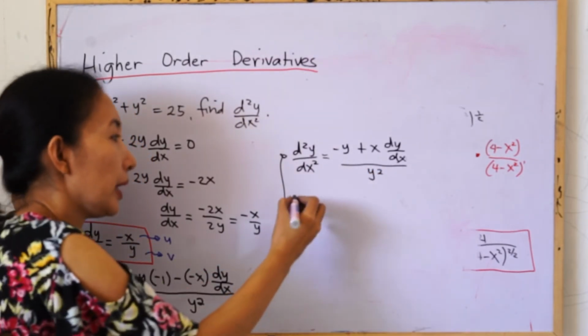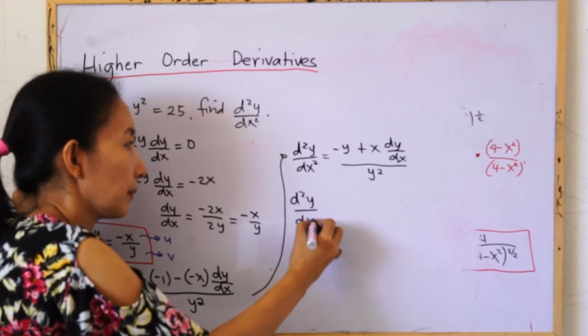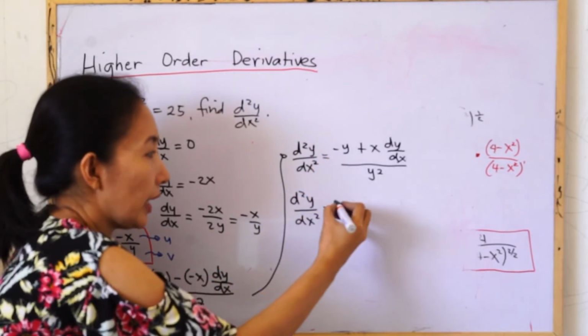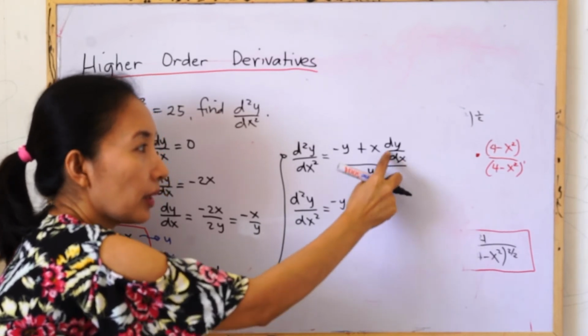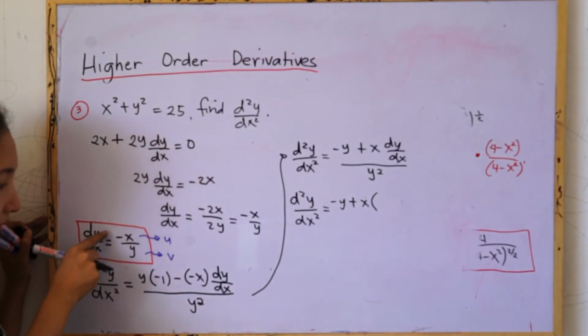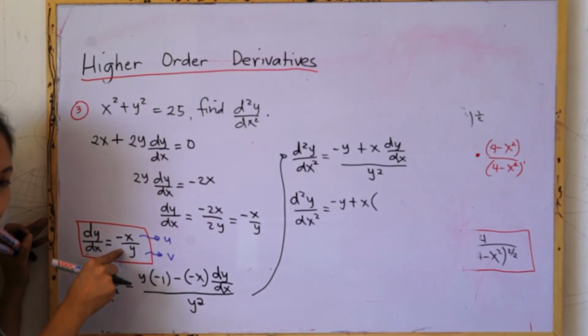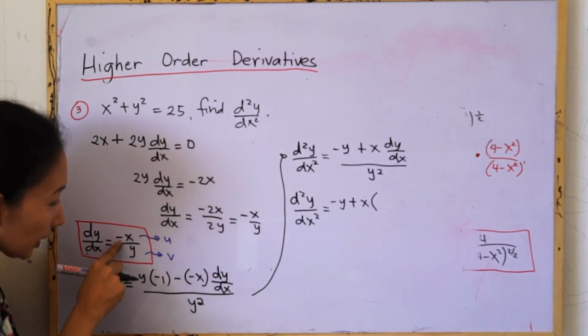From here, copy negative y plus x times, what is dy over dx? Let's go back. dy over dx is negative x over y.